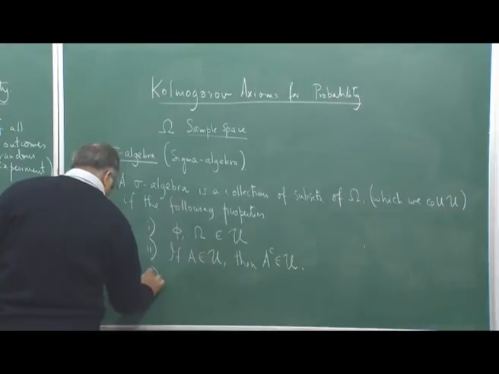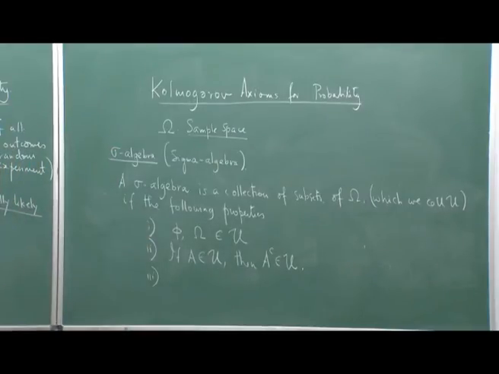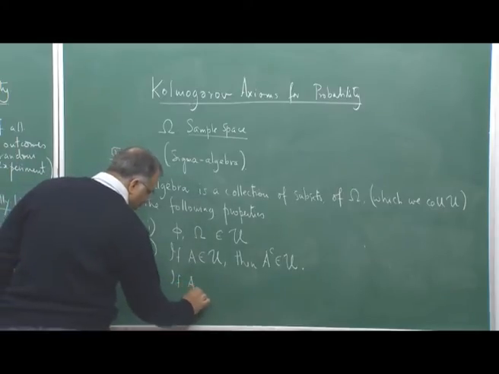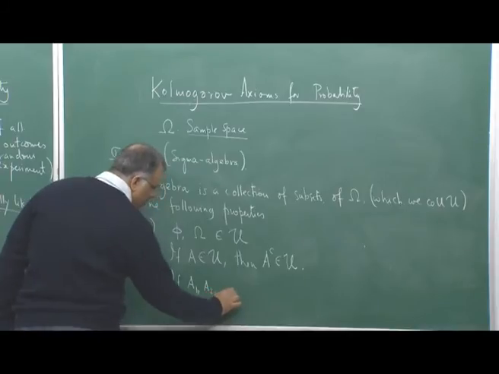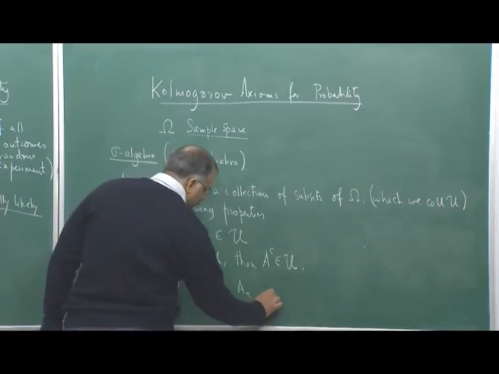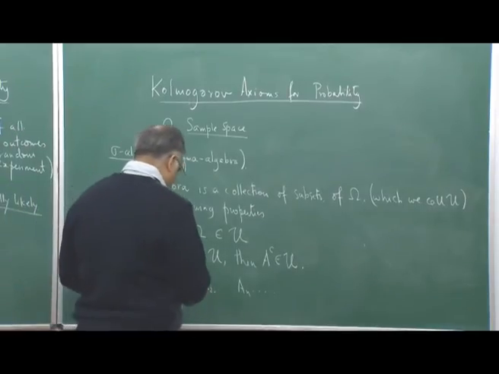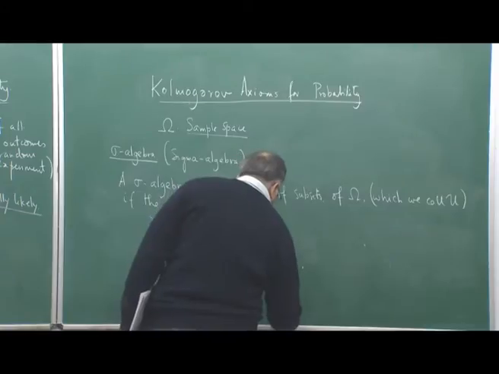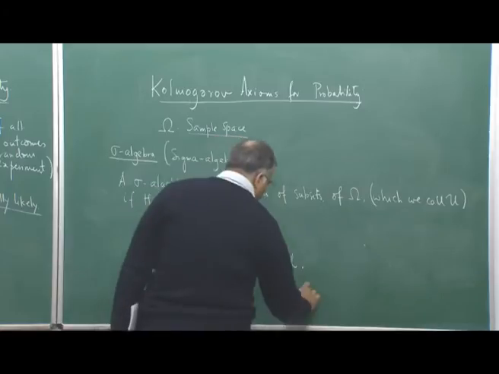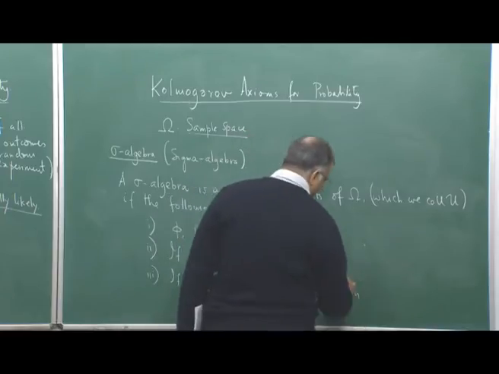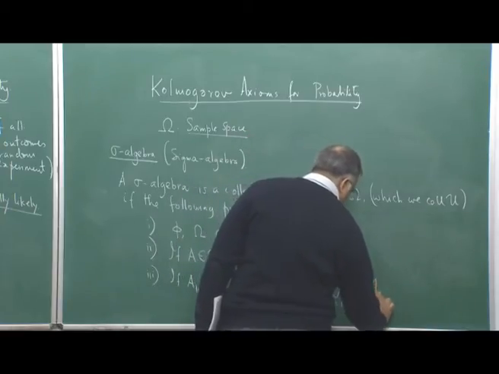And the third, which might look slightly counterintuitive, but is also very important: if you have a countably infinite sequence of events, and all of them are elements of U, then the infinite set union of these would also belong to U.